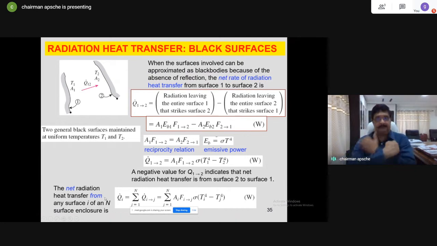So, friends, we did discuss the fundamental radiation laws, like Planck's theory and Wien's displacement law.